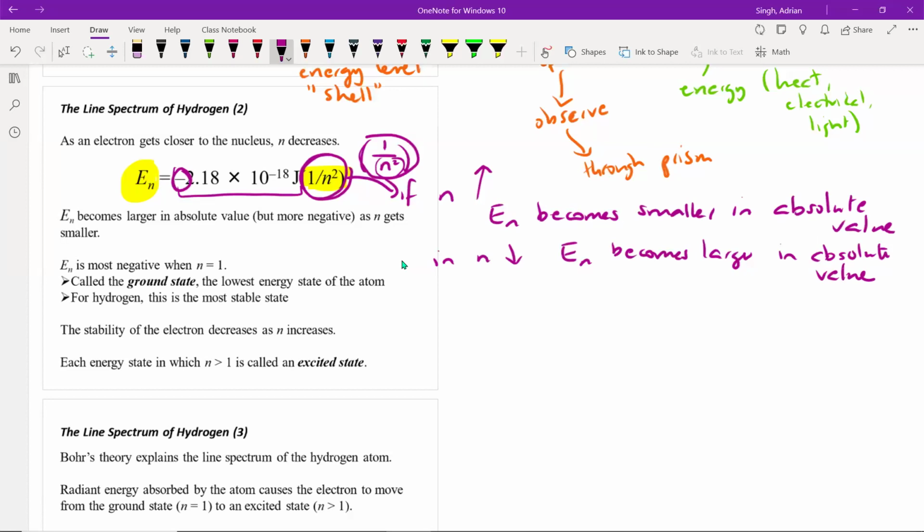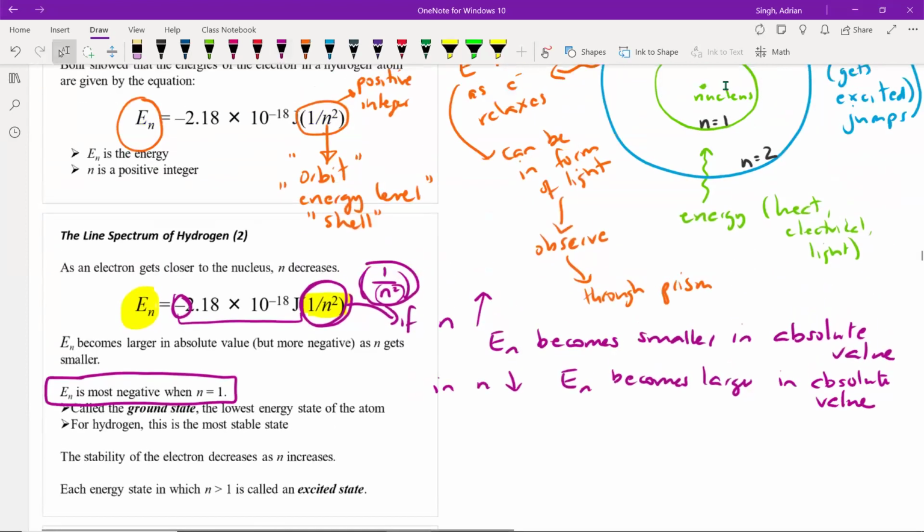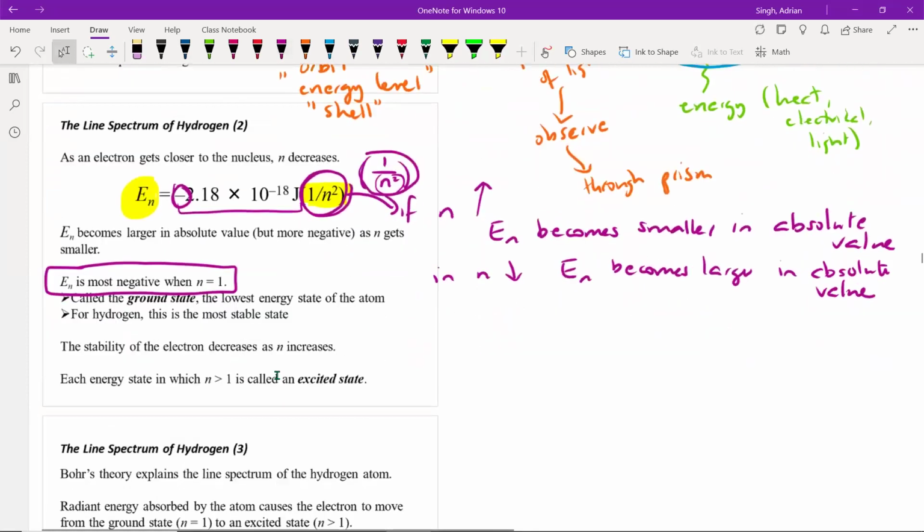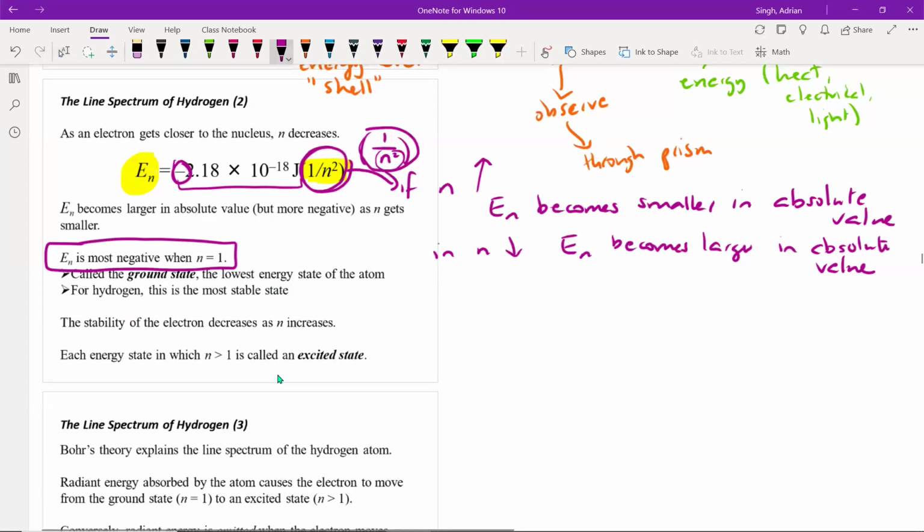So what we find then is that En, the energy of the electron, is most negative when n equals 1. So n equals 1 corresponds to that first energy level, and we refer to that as the ground state, which we'll abbreviate as GS, ground state.